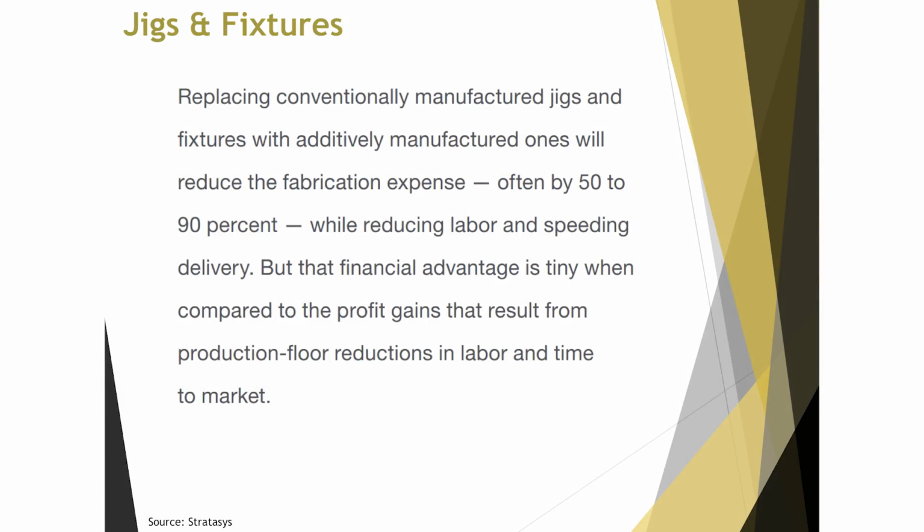They said if you replace conventionally manufactured jigs and fixtures, you can reduce fabrication expense, reduce labor and speed delivery, but the financial advantage is small when you compare it to the profit gains that you get with the production floor reductions, labor, and time to market.